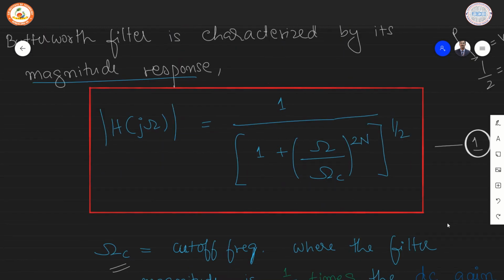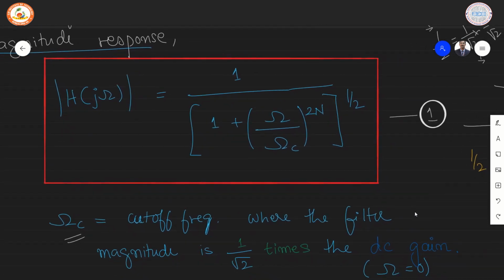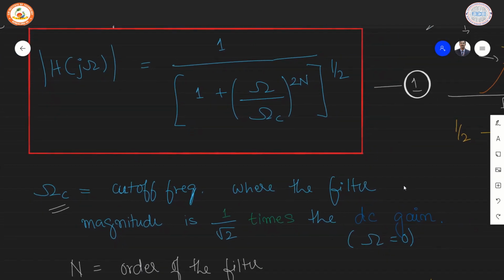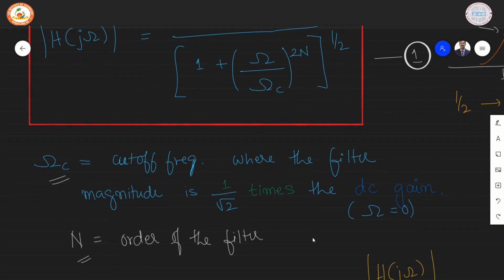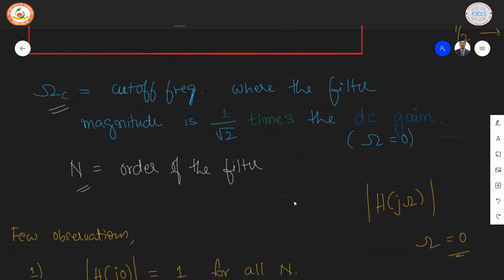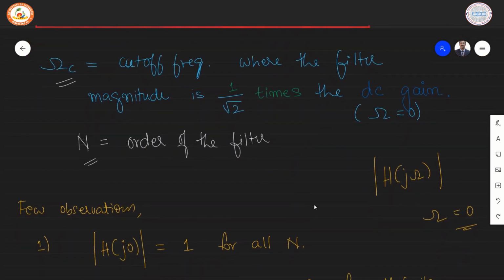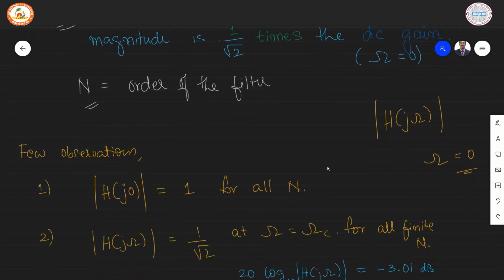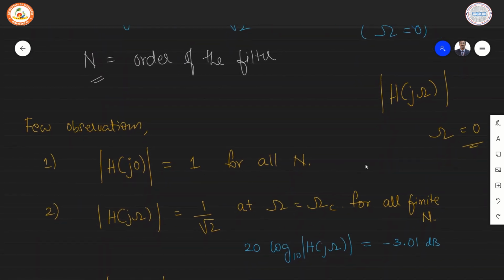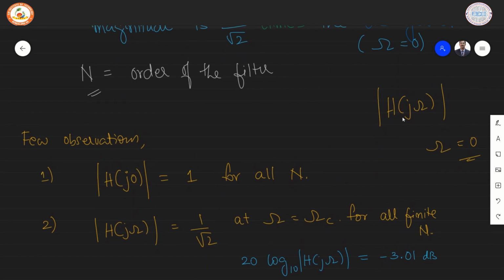Now, from the graph, we had some observations. So let us summarize these observations now. So we have already understood that magnitude of h of j omega is termed the magnitude frequency response.